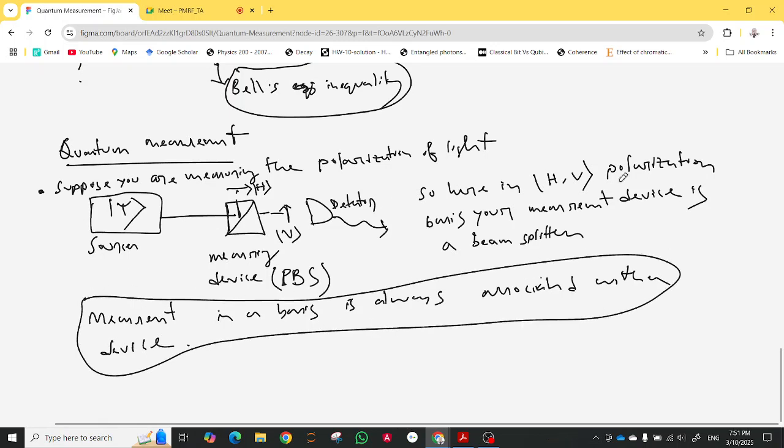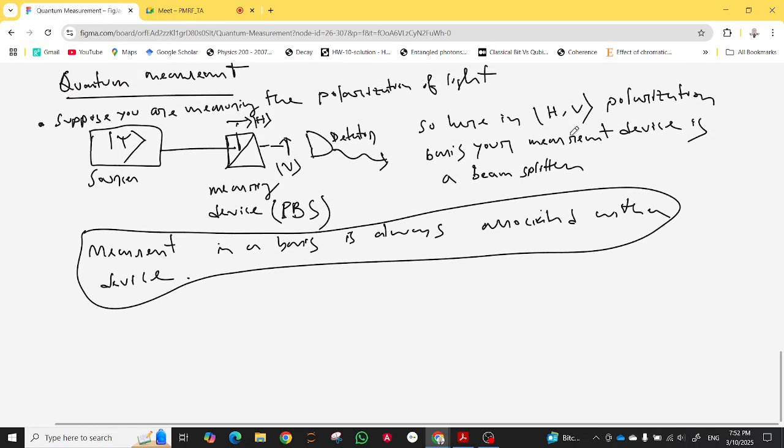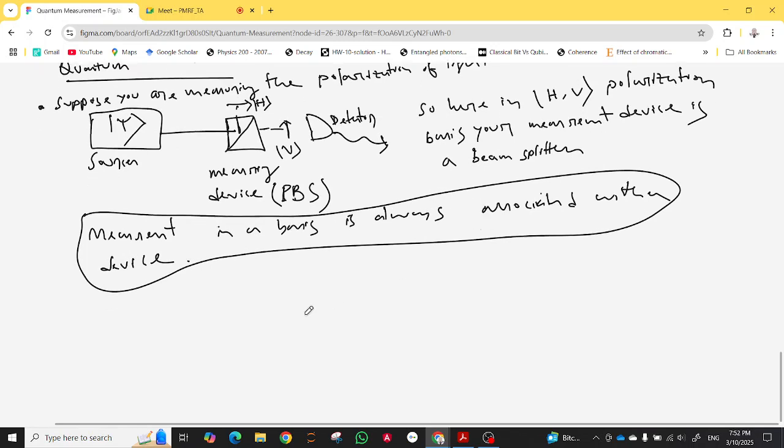Here in the HV basis, you are measuring polarization in the HV polarization basis, and your measurement device is a polarizing beam splitter. Now the same setup, you just change the basis. Instead of the HV basis, you are now measuring in the plus 45 minus 45 degree polarization basis.